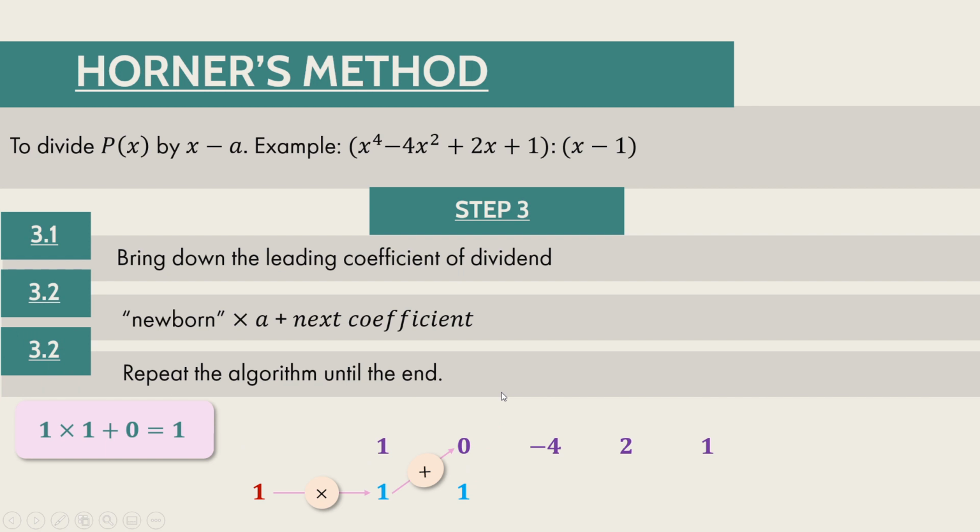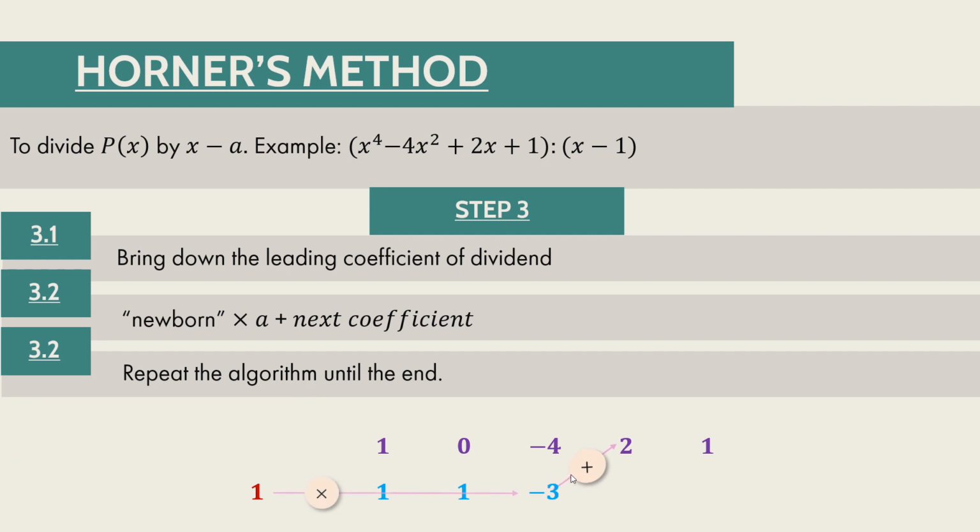And 3.3. We repeat the algorithm until the end. We take the newborn 1 times a, which is 1, plus the next coefficient, which is negative 4. So we have 1 times 1 plus negative 4, which is negative 3. So negative 3 is the newborn.